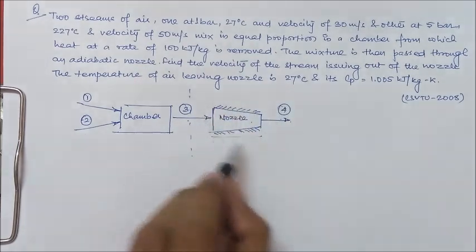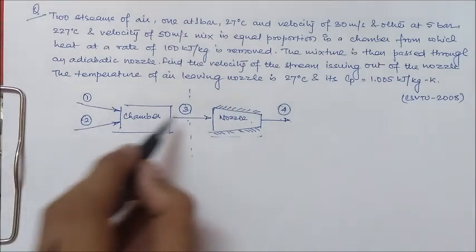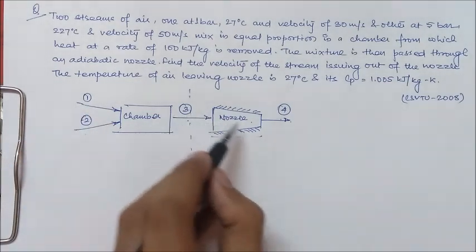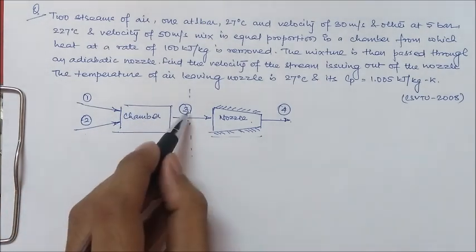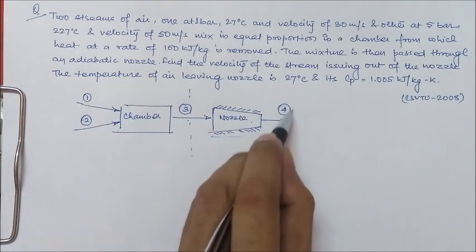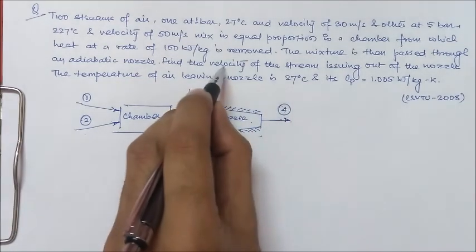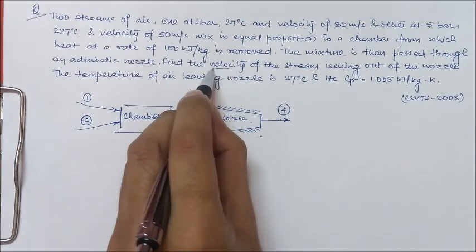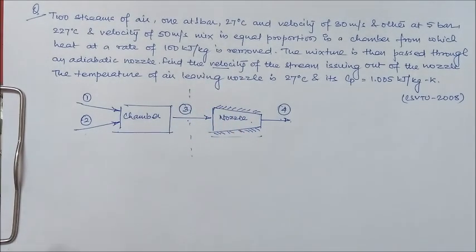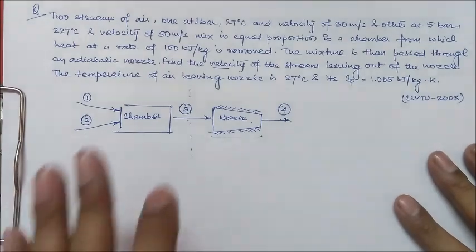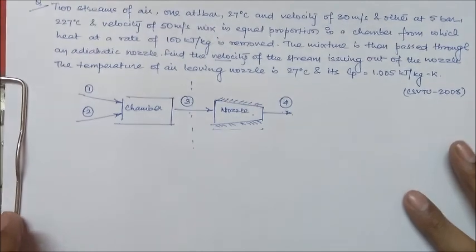We will apply the steady flow energy equation, and using the relation we got from 1, 2, 3 from the chamber case, we will find the unknowns at condition 4, which is the velocity. Okay, so we got a rough idea how we will solve this question.